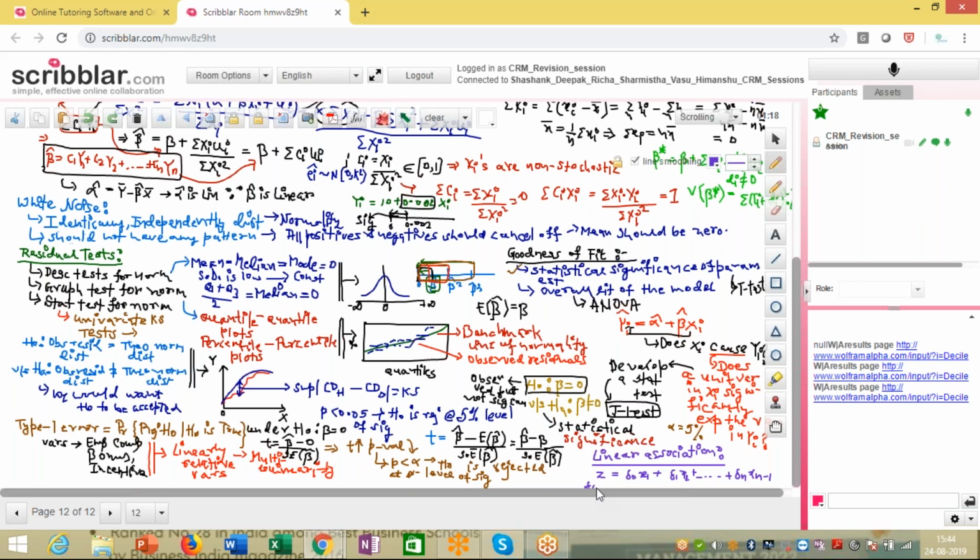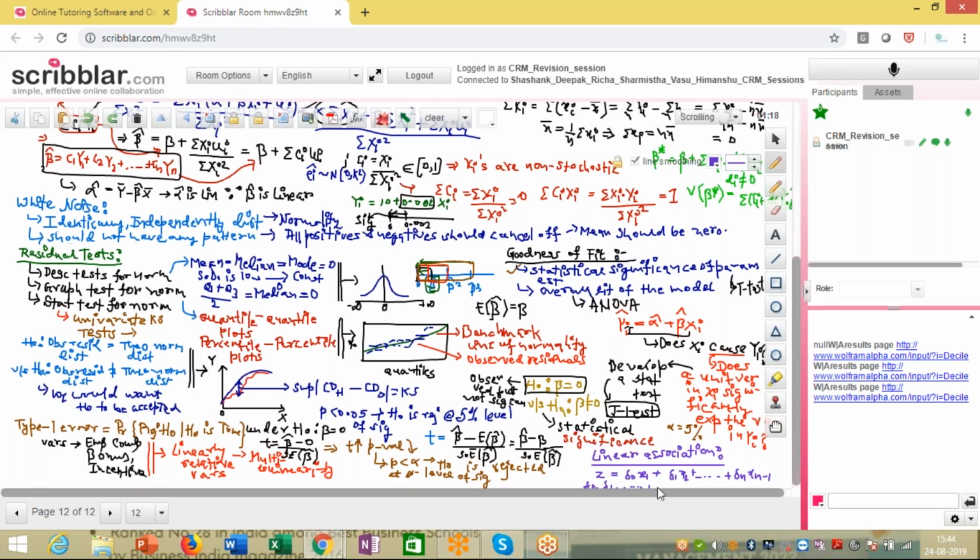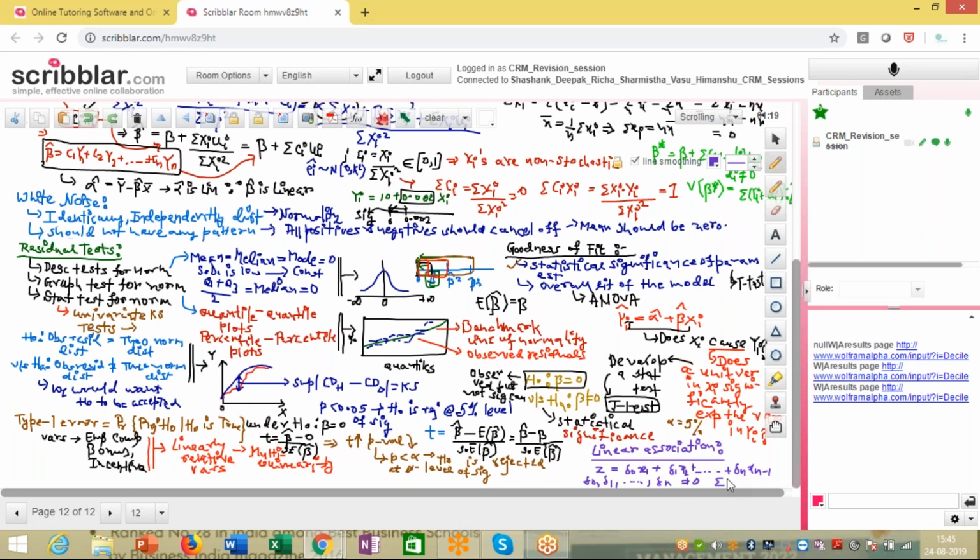That delta 0, delta 1, up to delta n are not equal to 0, and the summation of the delta i's is equal to 1.